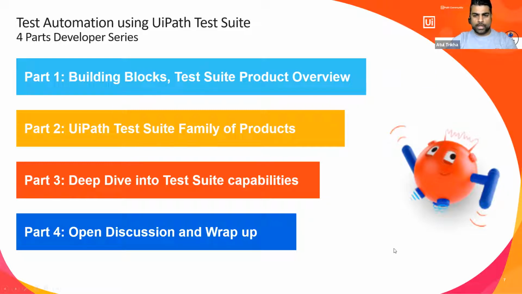So today, like in the last 2 sessions, we started with the very building blocks, going to the very basics: what software testing is all about, levels, types, and a very high-level introduction to the Test Suite. In part 2, we went deep enough into each of the 4 components of the UiPath Test Suite family. We went into the Orchestrator, Studio, Robots, as well as the Test Manager.